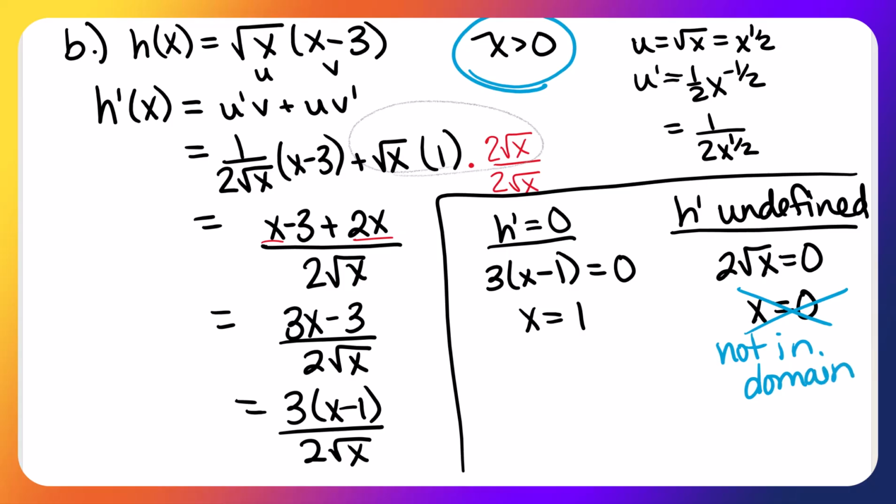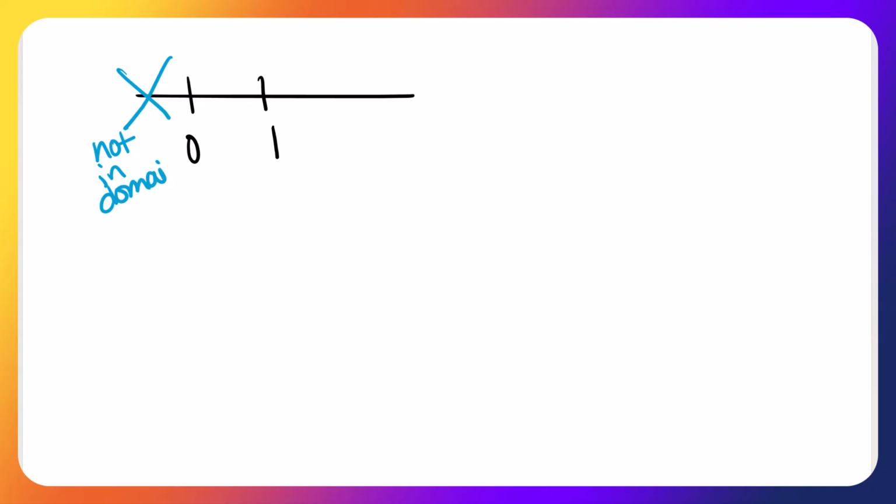So then when we're kind of looking at where we're testing to see where this is increasing and decreasing, we can keep all of that in mind. So let's go ahead and put that critical number on our number line. So that was 1. Again, remember, we're not thinking of anything less than 0. So I'm just going to kind of remind myself all of this stuff to the left of 0 is not in the domain, so we don't even need to worry about that.